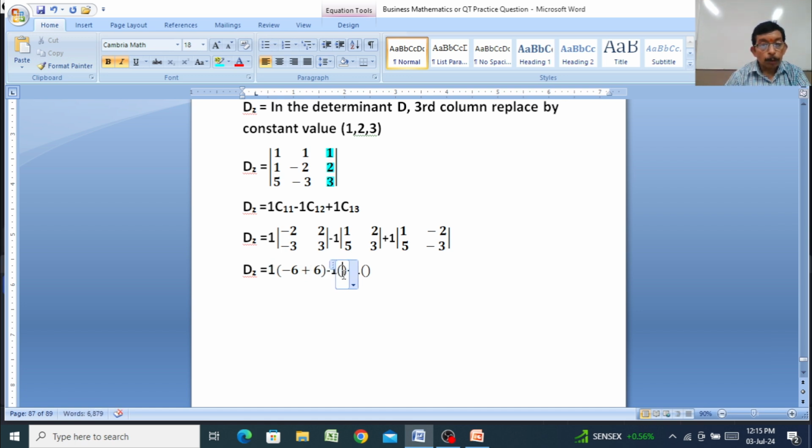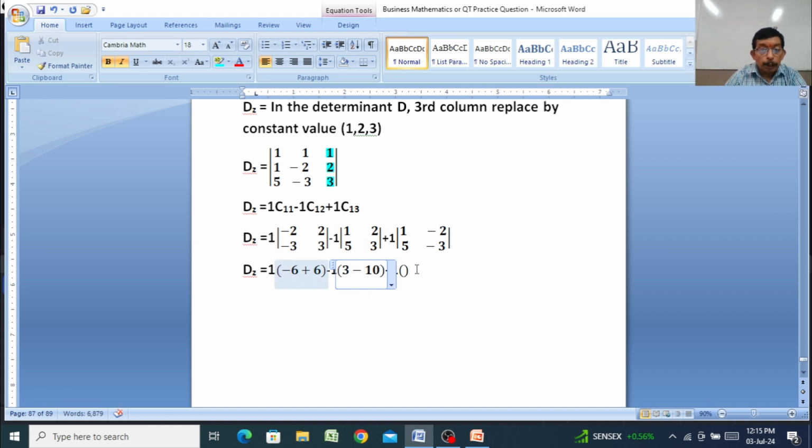Now the second cofactor determinant is of 2 by 2 order. The first diagonal elements are 3 and 1, the multiplication is 3. The next elements 5 and 2 give 10, so 3 minus 10.